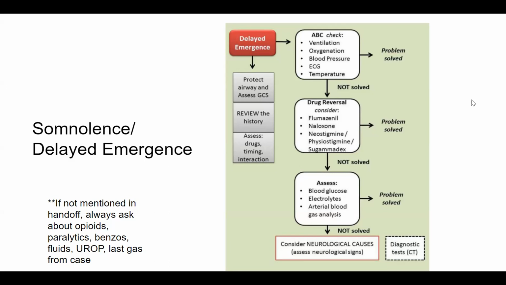That's intimately important to your care here in the PACU, so that you know what is on board and what may have worn off. So if someone is not giving you this information, press and say, give me a time on that. When was the last dose? How much was the last dose? What was your reversal again?